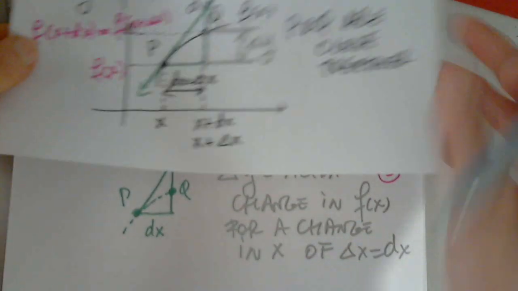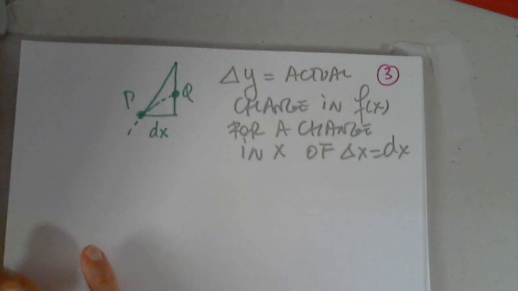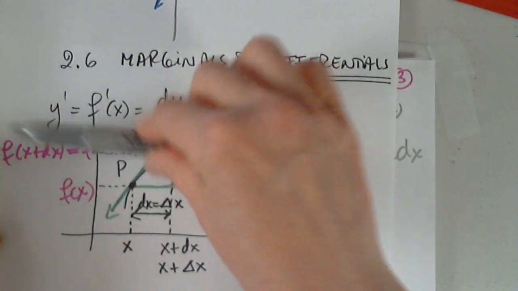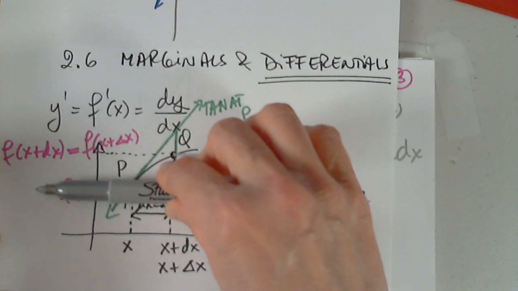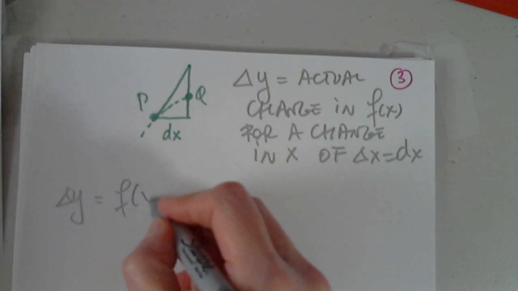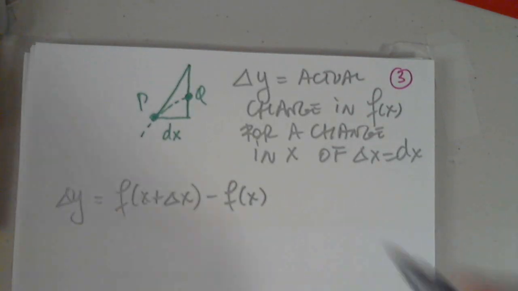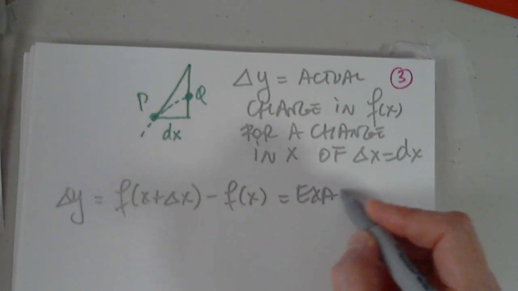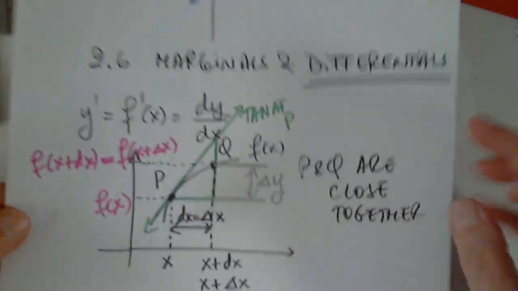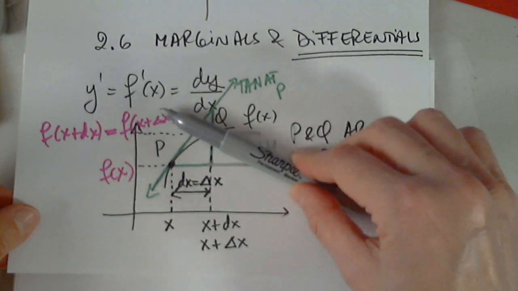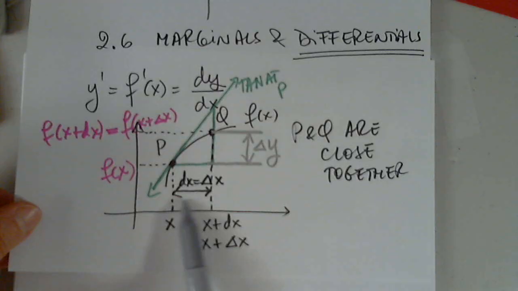What does delta y equal to? Delta y equals f of x plus dx minus f of x. So f of x plus delta x minus f of x. And this is the exact change that is produced in the function triggered by a change in x.